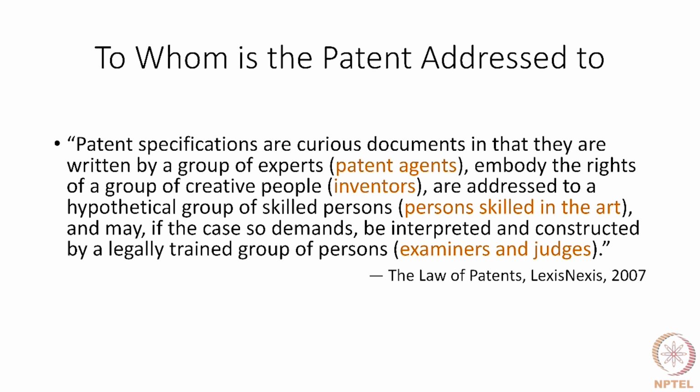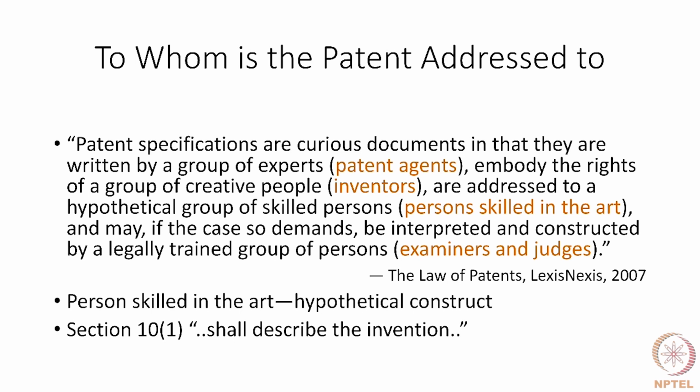But technically, the patent specification is addressed to a person skilled in the art, which is a hypothetical construct, because a person skilled in the art at times could be a group of people. It could also be a group of people working in different parts. It could be a group of people who have different skills which are brought together only for the purposes of interpreting a patent specification.